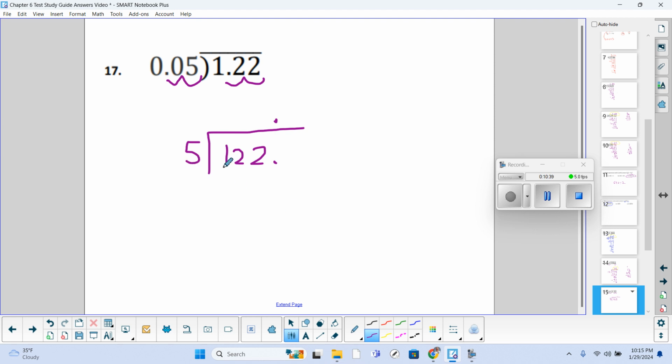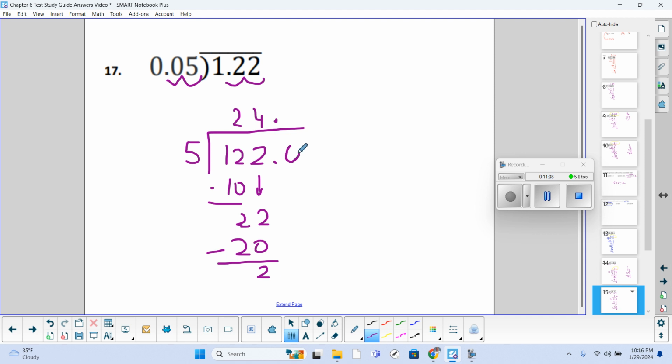All right, does 5 go into 1? Nope. 5 goes into 12 2 times. 2 times 5 is 10. My remainder is 2. So now I can bring down this 2. How many times does 5 go into 22? The answer is it goes in 4 times. 4 times 5 is 20. Remainder is 2.